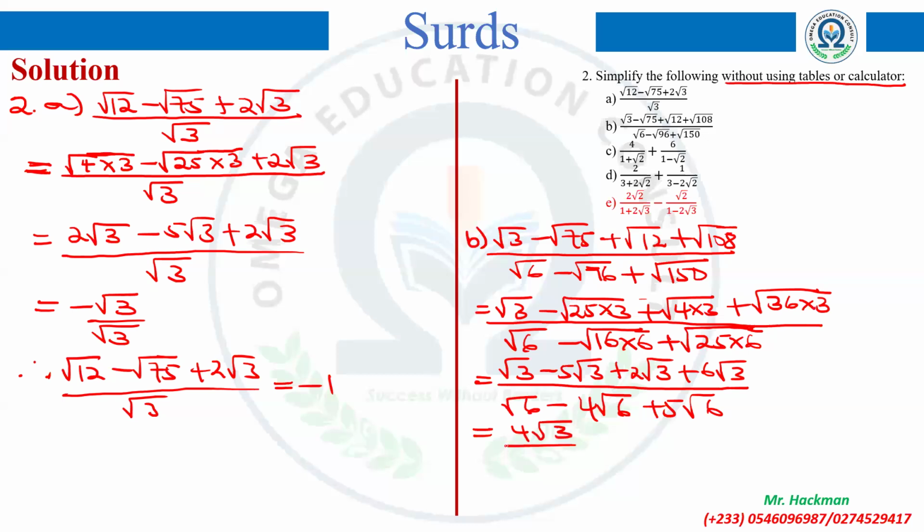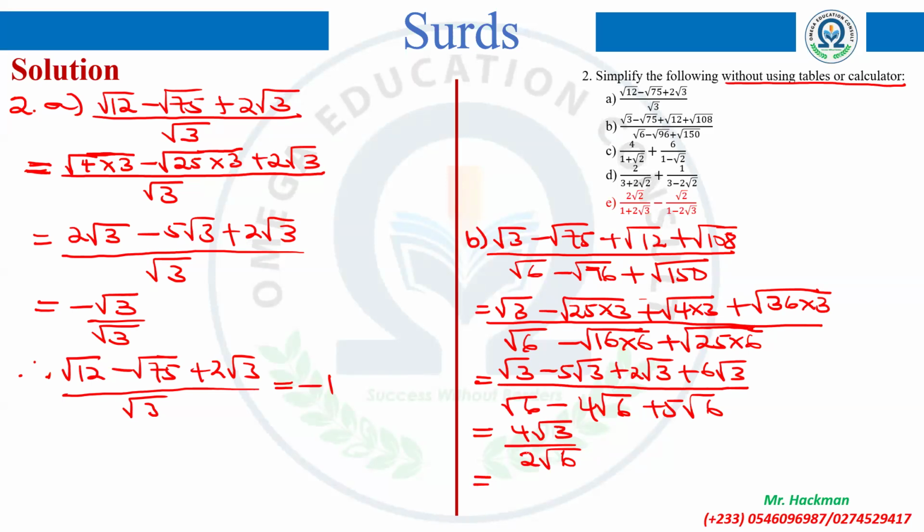Then the denominator gives us what? We combine, they are like terms because they have the same radical, all in reduced form. So 1 minus 4 gives minus 3, then plus 5 gives positive 2. So I'll get 2 root of 6. Is that clear? At this point I'm going to write this step and tell you what to do from here.